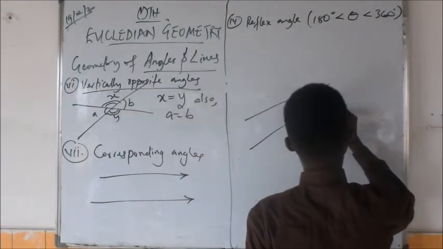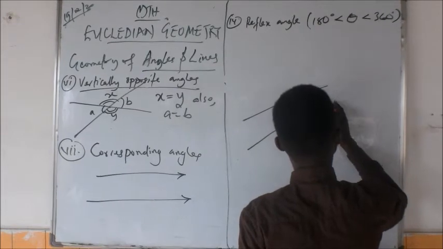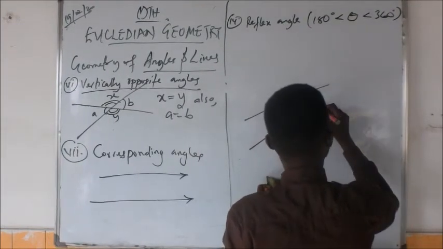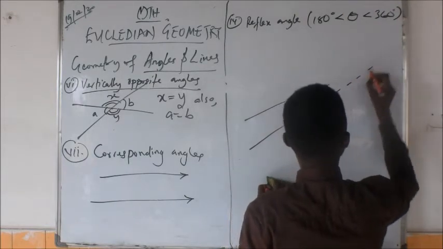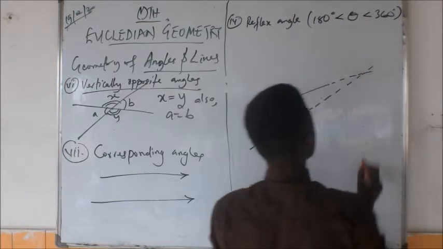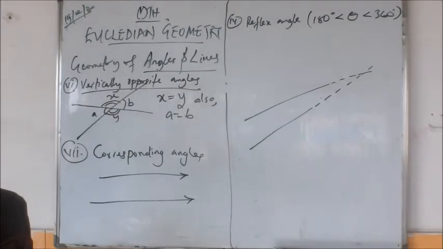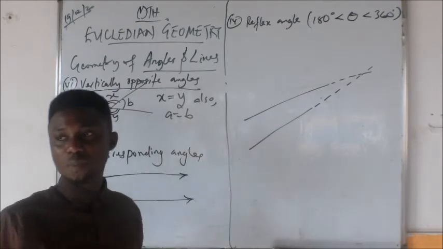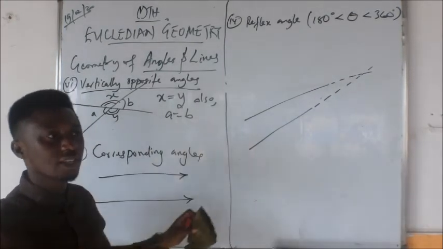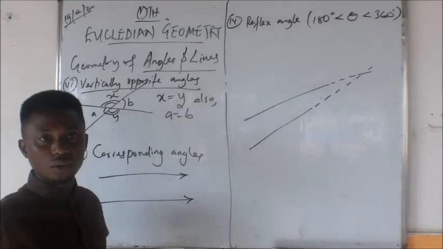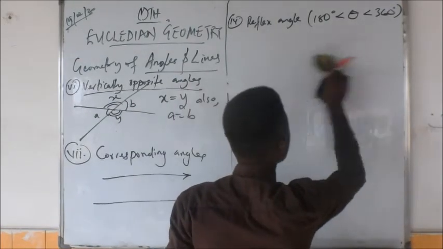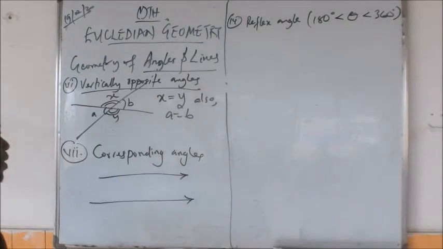Because they are still going to meet when you continue to extend this, so you can assume that it's going to what? It's going to meet. Is that okay? So because of that, this is not a what? A parallel line. So when you continue the extension and in no way cross, you don't have any cross, then those are parallel lines, so to say.